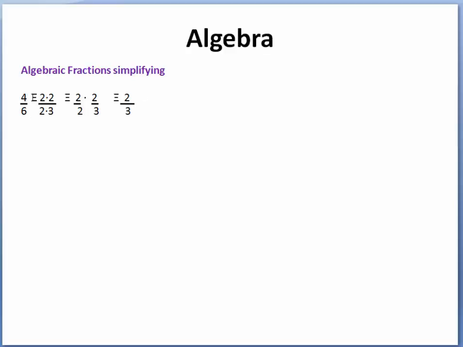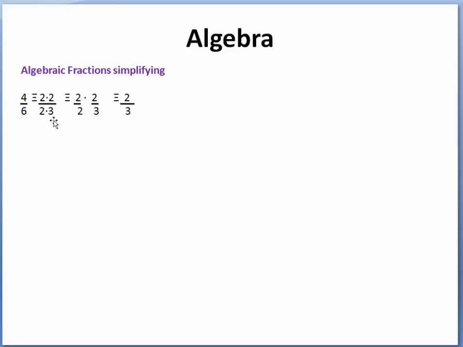What we're actually doing is we're splitting the 4 into 2 factors, 2 multiplied by 2, and the 6 into 2 factors, 2 multiplied by 3. So when we multiply these together, the 2 over 2, 2 over 3, we get the original 4 over 6. So 2 multiplied by 2 is 4, 2 multiplied by 3 is 6. However, here the 2 over 2 is just a 1, and then we can ignore that, and the answer is just 2 over 3.